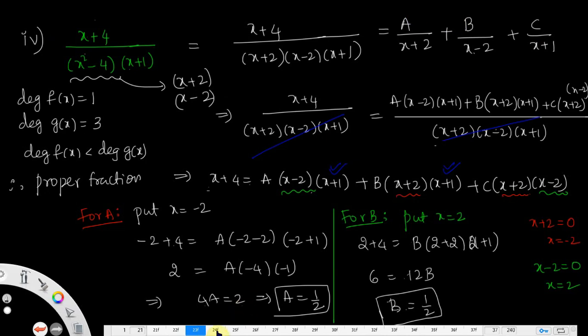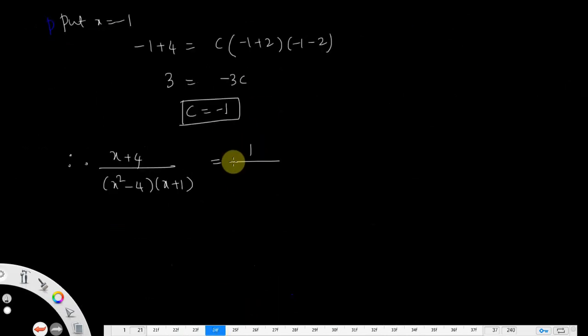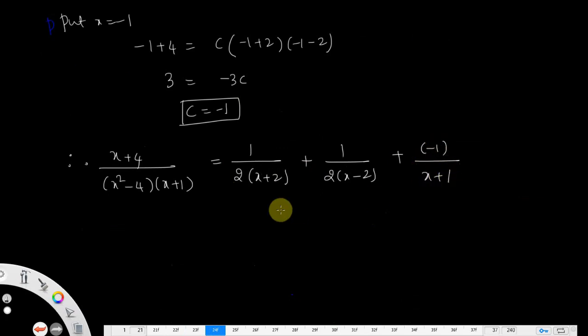So that is 1 by 2 into x plus 2, and then 1 by 2 into x minus 2, then minus 1 by x plus 1. This is the partial fractions of the given fraction. So this is the answer.